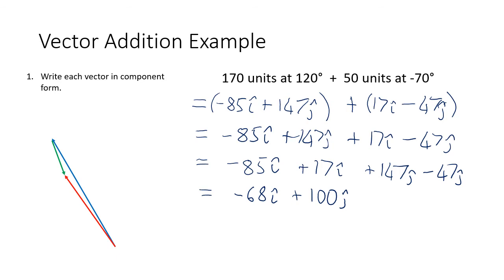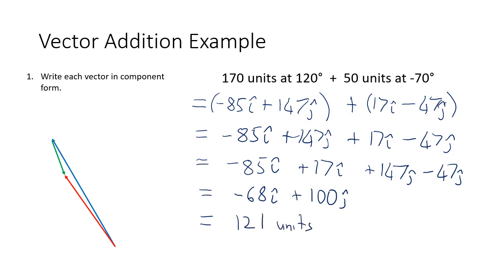Expressing a vector in component form is a standard way of expressing a vector. However, let's just finish it off by converting that back into magnitude direction form for completeness sake. As you should already know, for the magnitude of a vector, we're going to use the Pythagorean theorem. It's going to be the square root of negative 68 squared plus 100 squared, and that gives us 121 units.